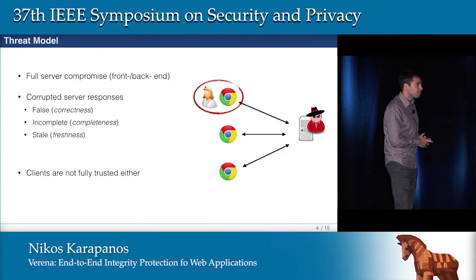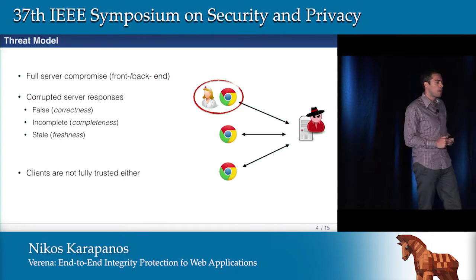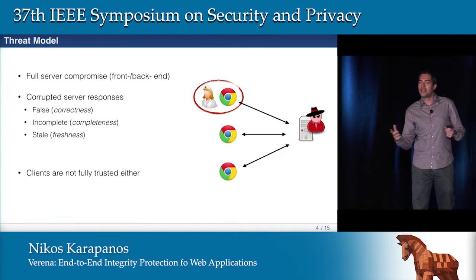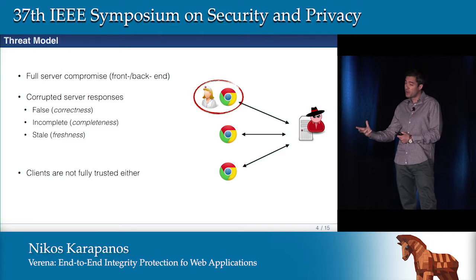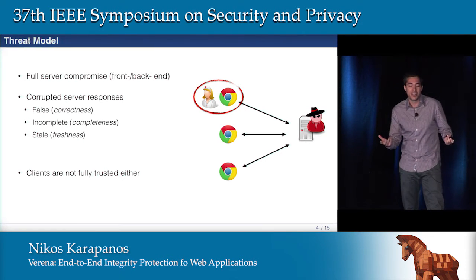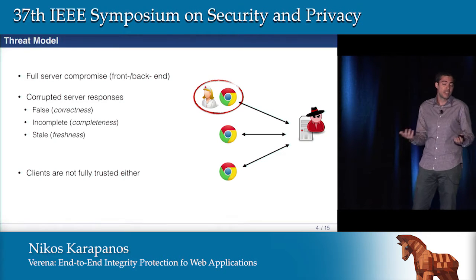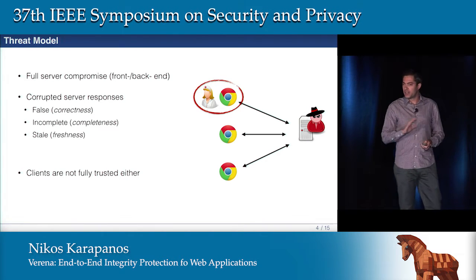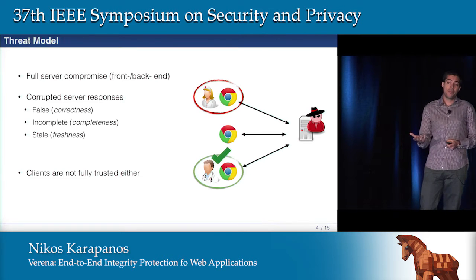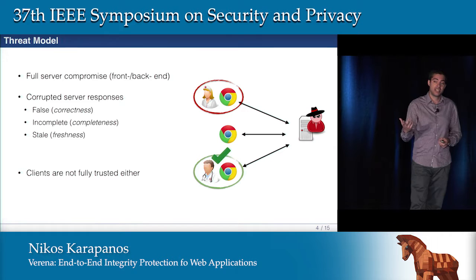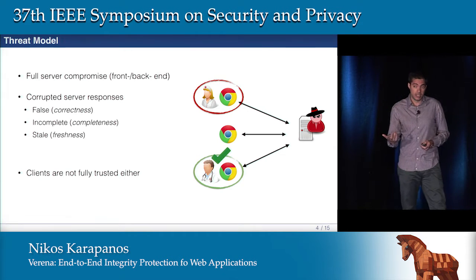And also, it's important to note that we don't quite trust the users of the application themselves, because you can imagine a malicious nurse that tries to manipulate some data that she's not authorized to. And since we assume that the server is malicious, he might very well let her do so. So we need to make sure that this does not happen, and that when a benign client user of the application accesses this data, he sees the correct information.